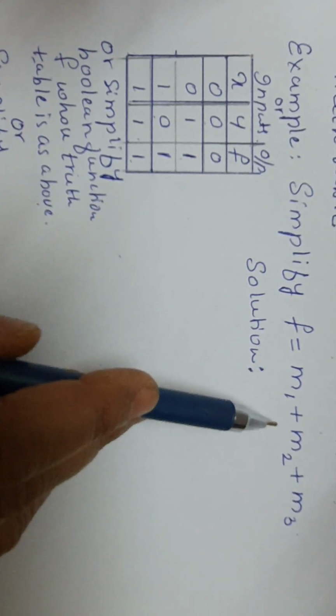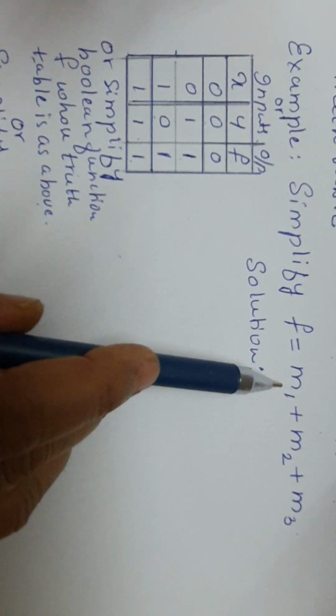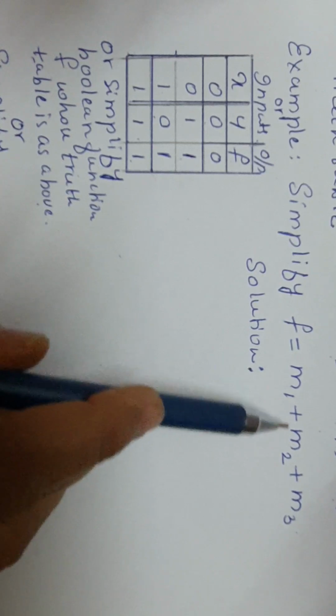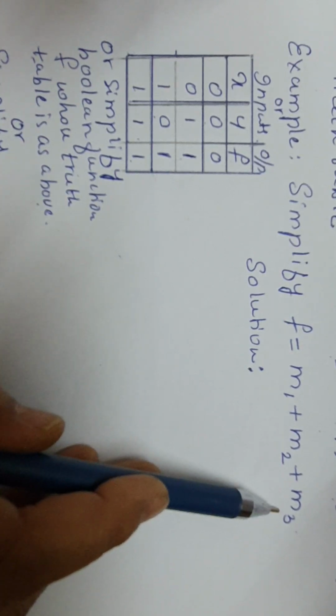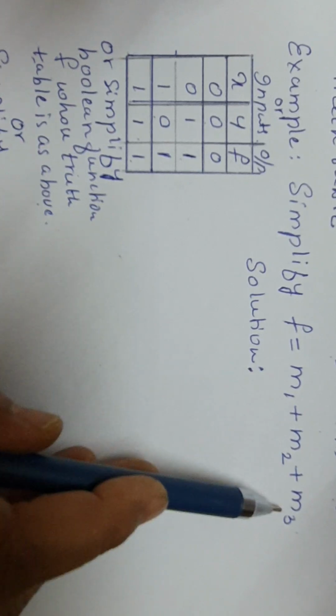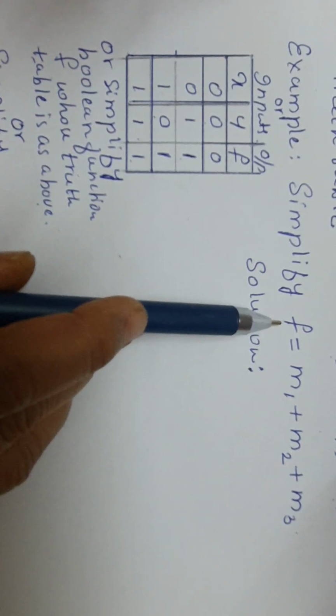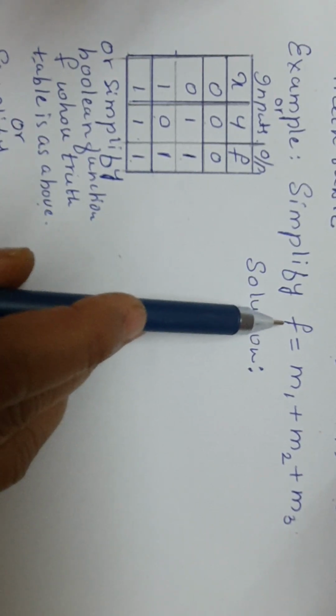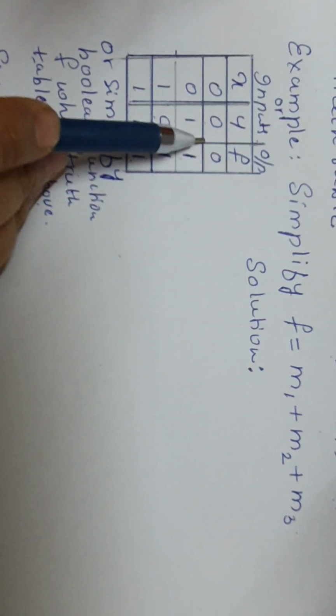Why is it the same? Here the given function is f = m1 or m2 or m3, this is the logical or operator. It means for minterm 1 or 2 or 3, the output f is true, logic 1. Hence, if you draw the truth table for this function, it is this way.